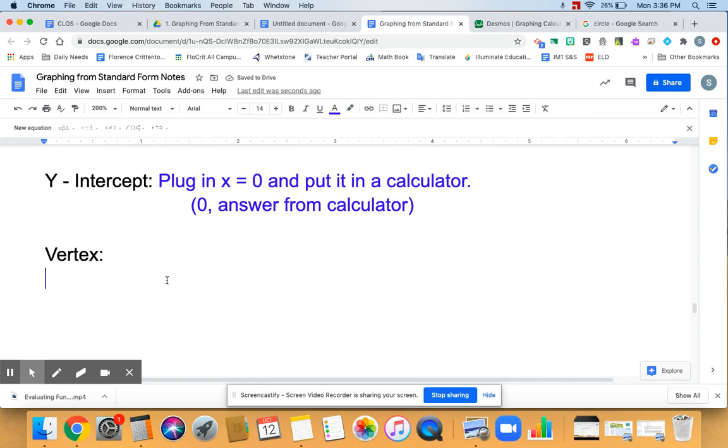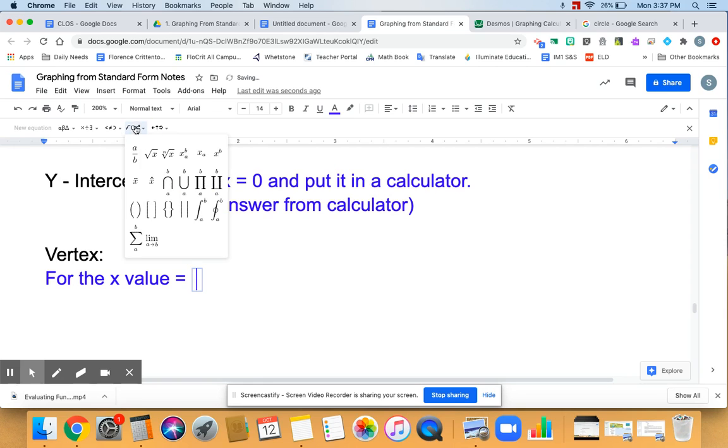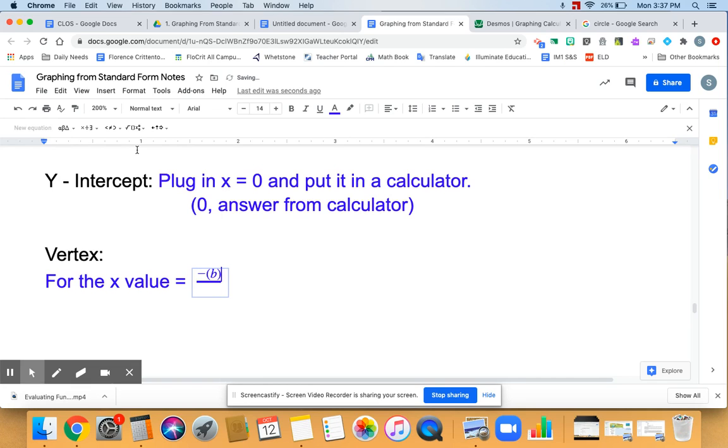Then the vertex comes in two parts. For the x, you use a formula that looks like this. It's a fraction that's negative, and then whatever your b is, over 2 times whatever your a is.